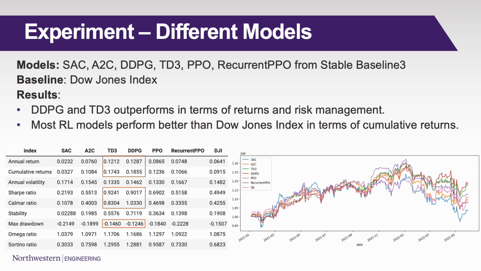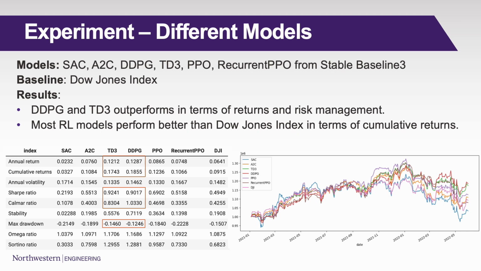We can see that TD3 and DDPG generate the highest returns. DDPG has 18% cumulative returns and TD3 has 17%. In terms of risk-adjusted measures, such as Sharpe ratio and Calmar ratio, TD3 and DDPG also have the highest scores. DDPG has the lowest maximum drawdown, which is negative 12%, indicating a lower risk during down markets.